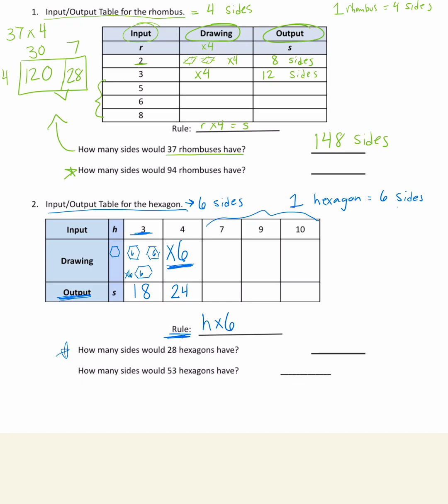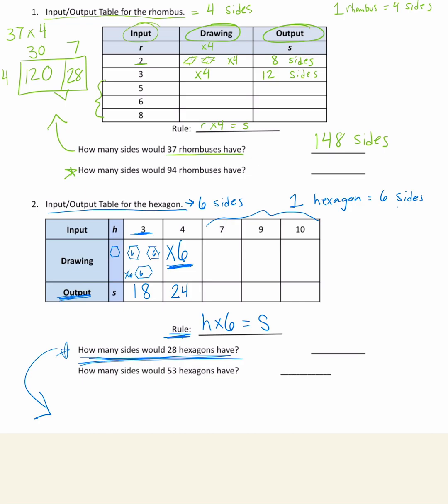So however many hexagons we have, if we multiply it by 6, it would tell me the total amount of sides. Okay, again, you are welcome to draw it, but when we get to questions like this, 28 hexagons is a lot to draw, okay? So rather than having to draw it all out, we can instead just apply the rule.